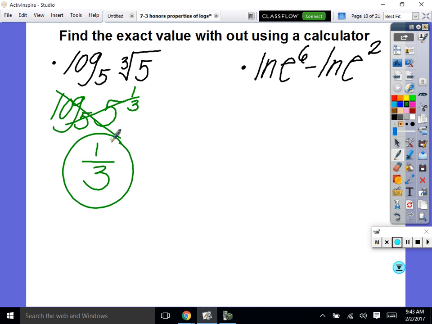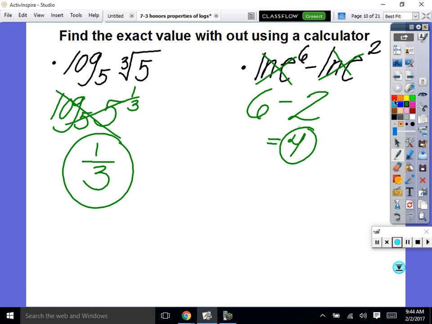Okay, now looking at this one, there are two ways to simplify it. We can either combine our ln's using properties of ln's, or can't we see right here that ln and e undo each other? So ln and e undo each other, so this piece becomes a 6, minus, ln and e undo each other, so 6 minus 2, which is 4. Do you see how we're doing this here? Now really, we could have done it this way.